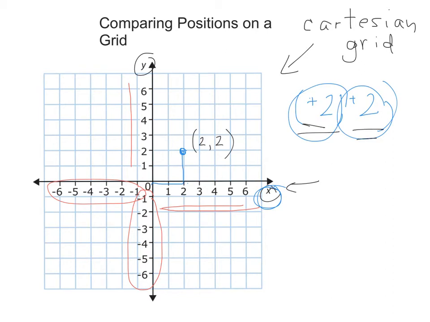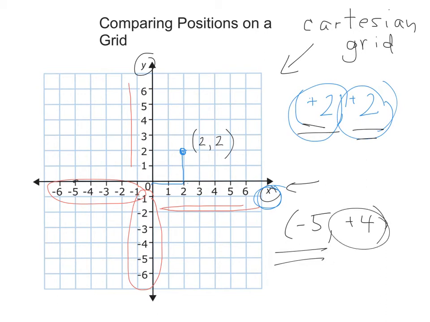Okay, I'm going to plot another one. Let's do -5 and +4. Again, you're going to get a series of positive and negative numbers, and they're going to be positioned in different parts of the grid. Now I'm going over on my first number line on the x-axis to -5, which is right here, and then my next coordinate is +4.